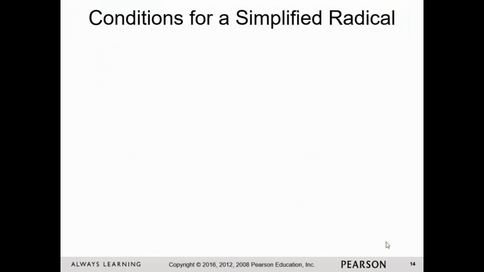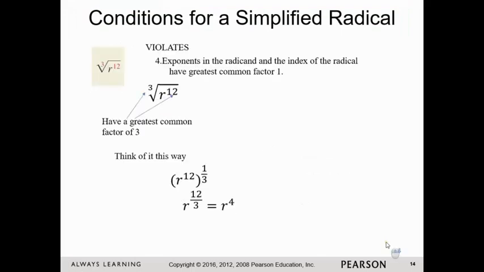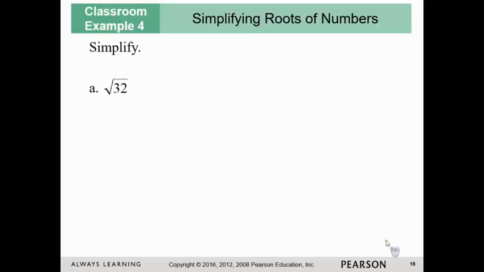So based upon those rules that we just talked about, let's look at some of these. So first we have square root of 32. The first question we have to ask ourselves: can we factor this in such a way that one of the factors is a perfect square?